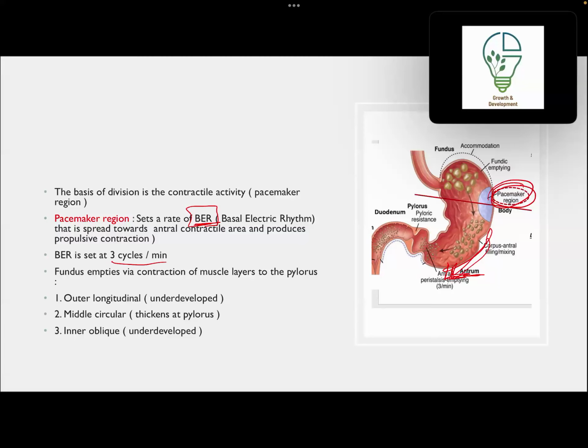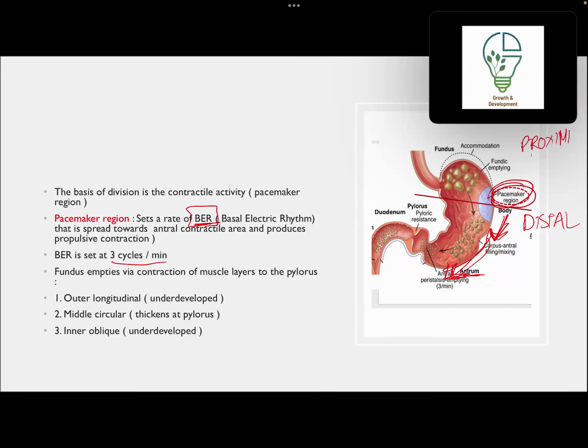So the basis of division now is the pacemaker region gives the BER distally, right? So the areas which get the BER, which are influenced by the pacemaker region, are the distal stomach. And the areas that are not influenced by the pacemaker region, that just have tonic contraction through the vagal tone, is the proximal region.